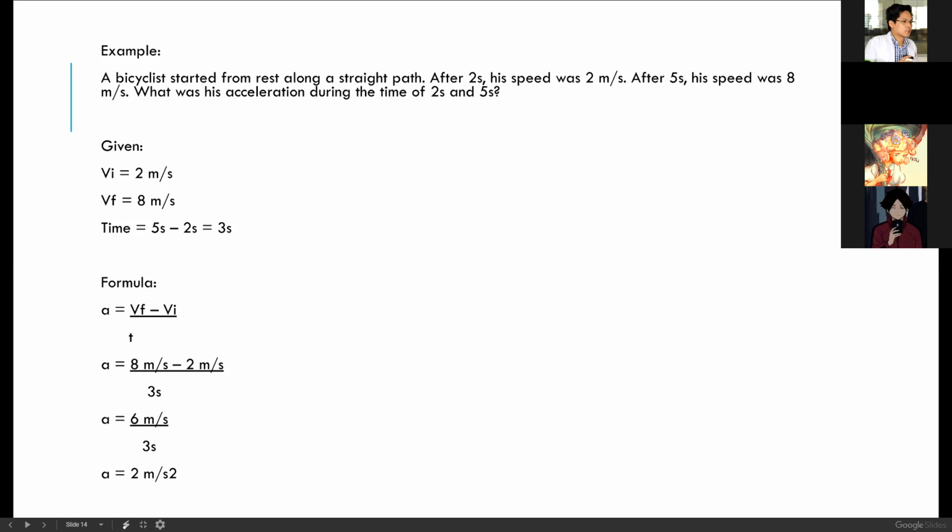Recall, you need to get the difference of those times. The final velocity is 8, the initial is 2. 8 minus 2 is 6, divided by 3 for your time, it is 2 meters per second squared.